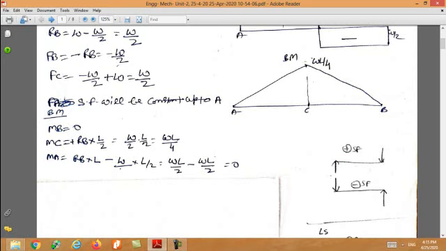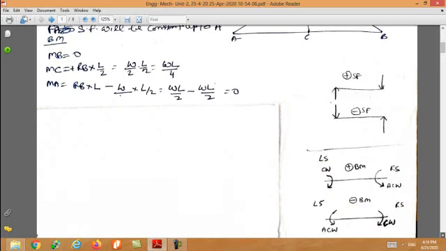If we are starting from the left side and it is an upward force, then it is positive, and vice versa. If we are starting from the right side, upward is negative, and if we are starting from the left side and the load is downward, then it is negative.